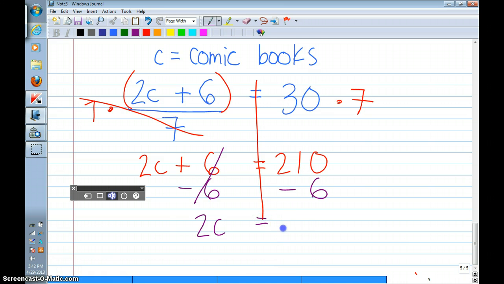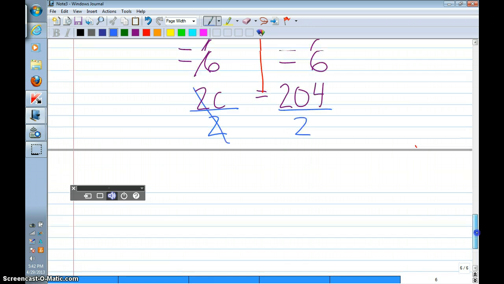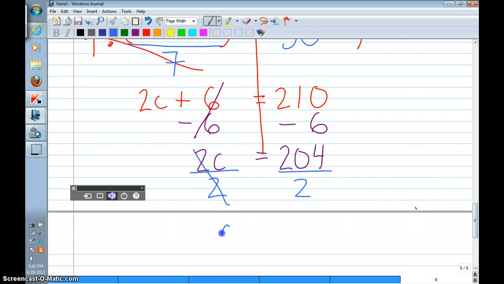And we're left with 204. And then the last step, divide both sides by 2. And C is equal to 102. I'm going to go back and read the question. How many does Levi own? 102 comic books.